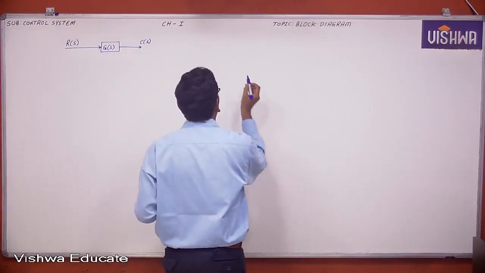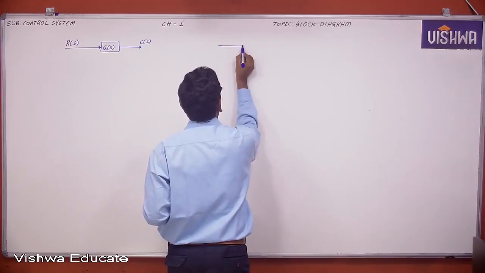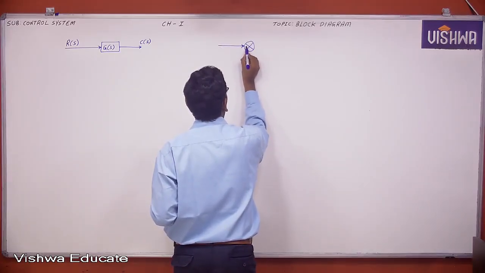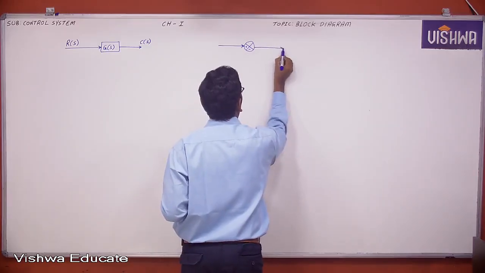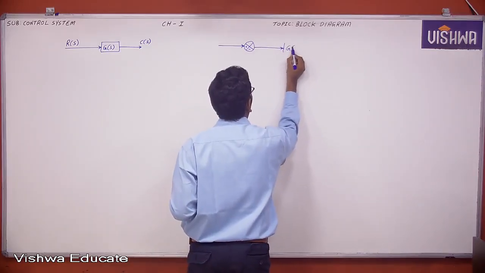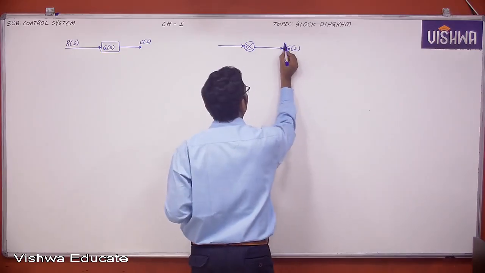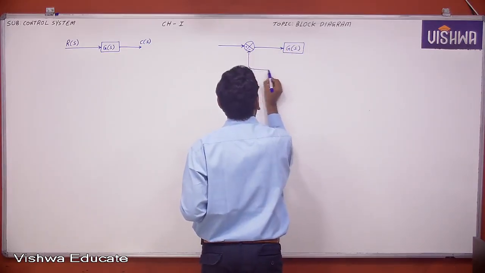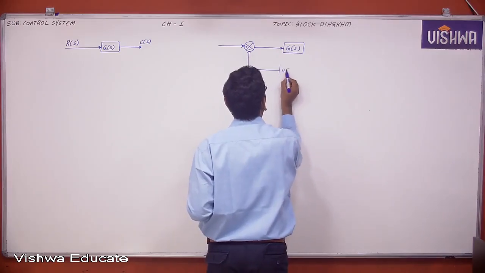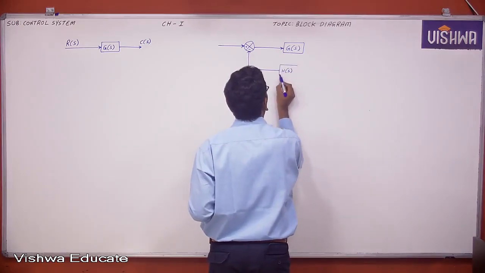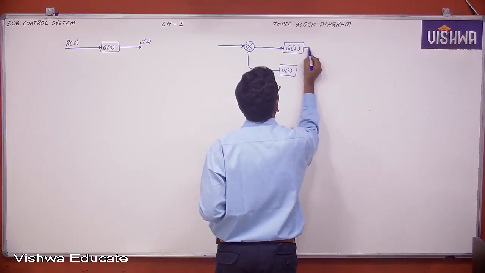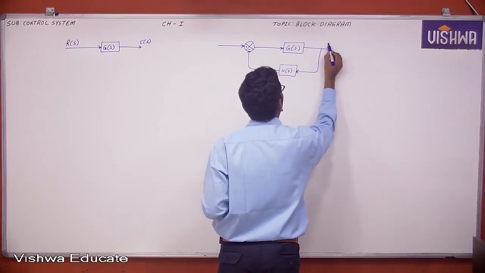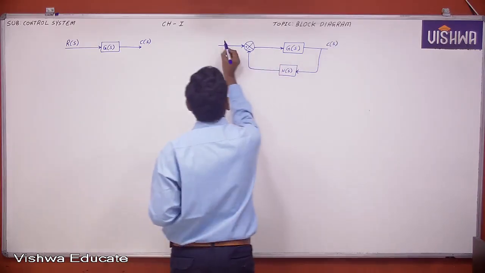Similarly, when I am asking what is the block diagram of a closed loop control system, then no controller, no processor, nothing. This is the forward path gain, this is the feedback path gain, this is output, this is input.